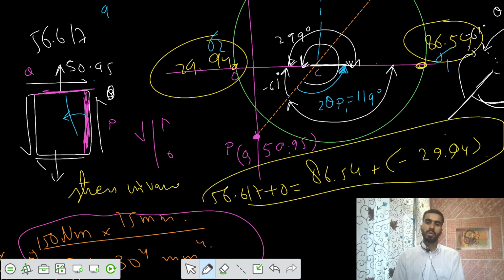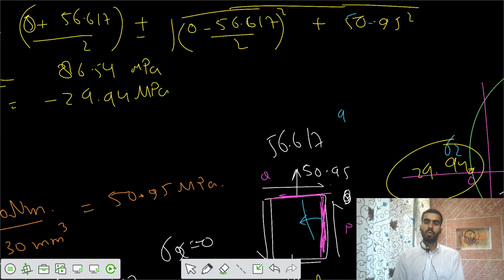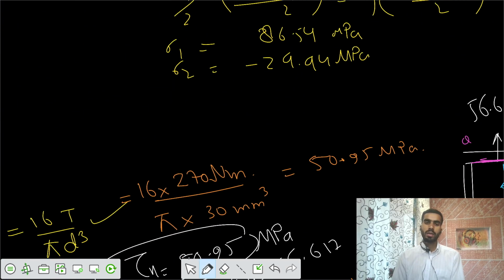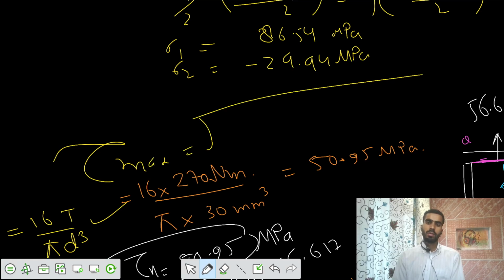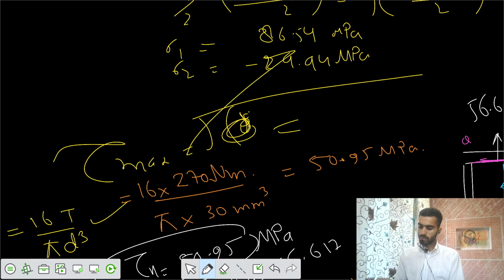That should be balanced also. And one more thing is that tau max would be equal to the root of sigma x minus sigma y by 2 whole square plus tau xy square, that you already know. So tau max would be equal to 58.24.